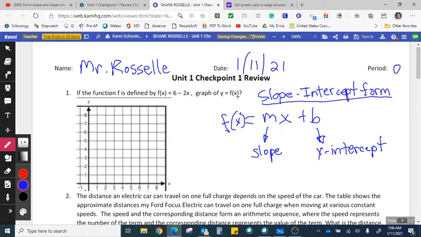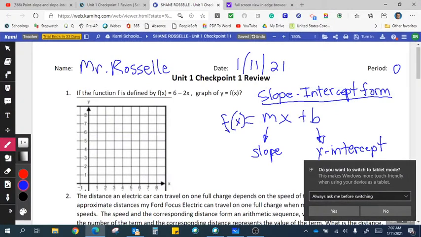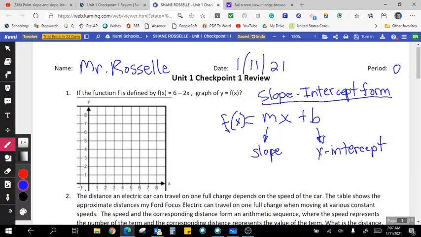Alright, so in slope-intercept form, we can change this around by saying f of x equals negative 2x plus 6.